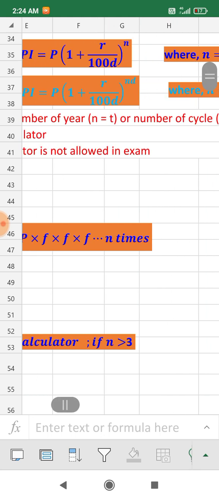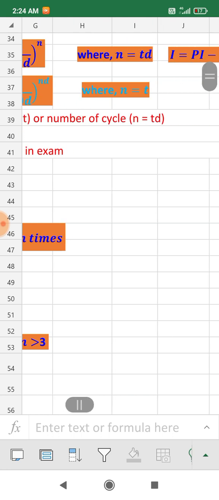I'll prefer the first formula as a simpler one.